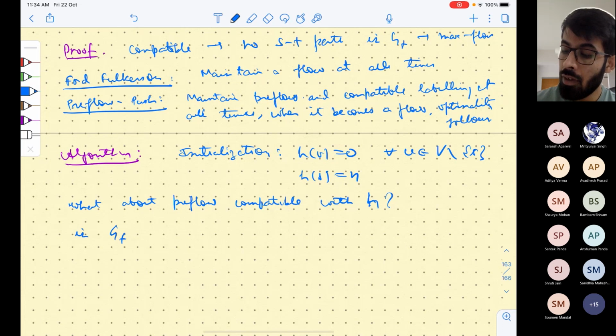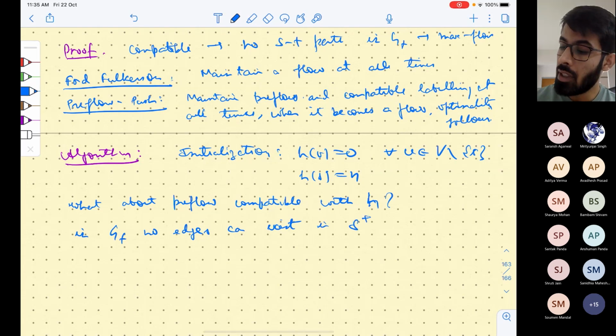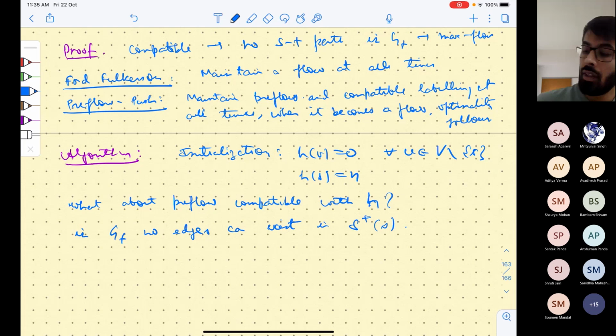So in GF, no edges can exist in, let's say, delta plus S, right? And how can we achieve this? What kind of flow values, if we give them, will make these edges not exist in GF? So giving them maximum flows, exactly, capacities, right?